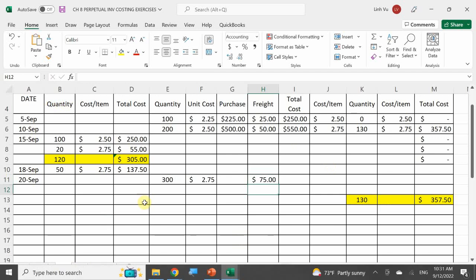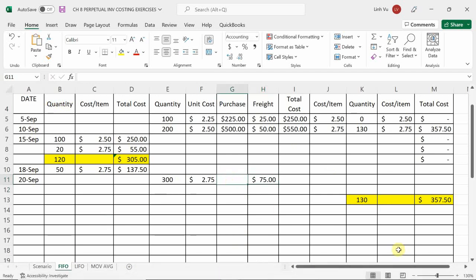So what's my purchase price here? 825. 825 plus 75 is 900. Okay, so what's my cost per item for this batch of inventory?